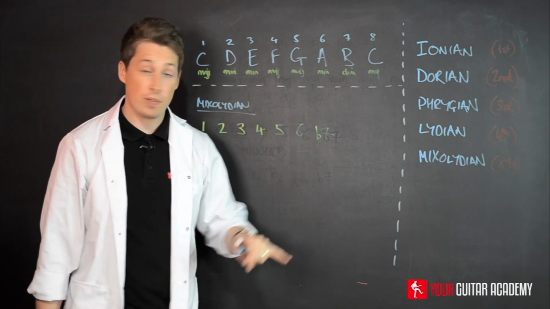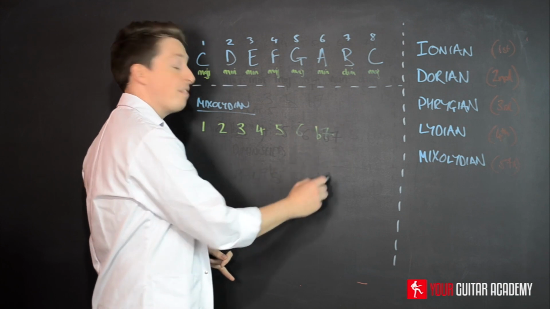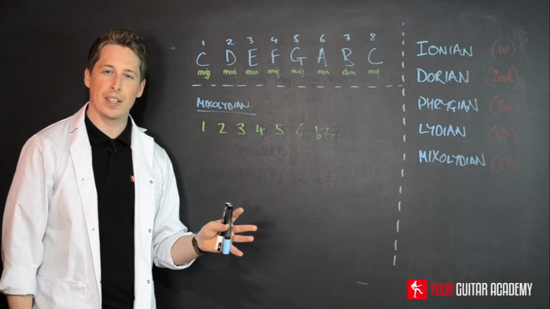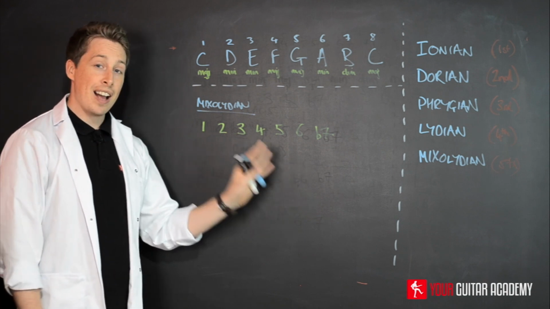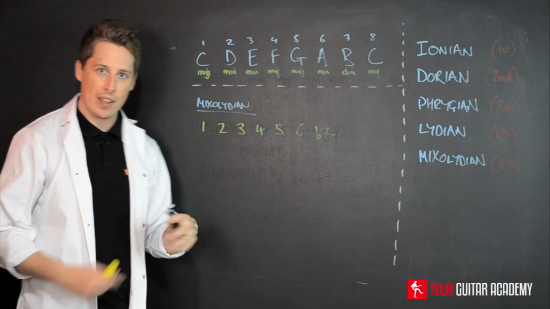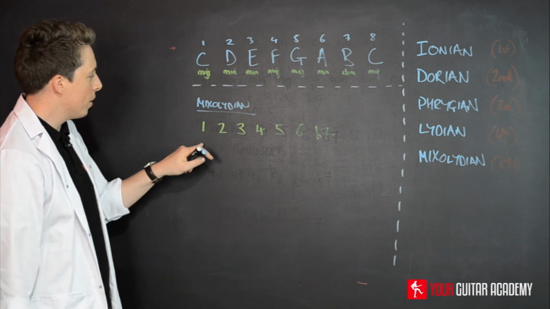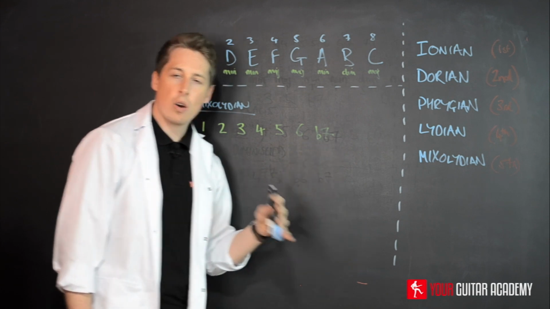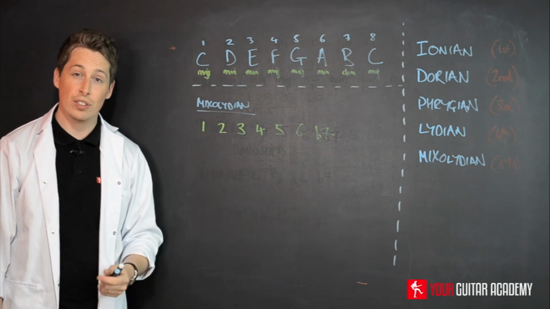Now the difference, obviously, is the flat 7. Where else have we seen flat 7 in a major setting? Hopefully, if you've been following the courses in order, you'll have noticed that if I took a 1, a 3, a 5, and a flat 7, I'd create a dominant 7 chord.